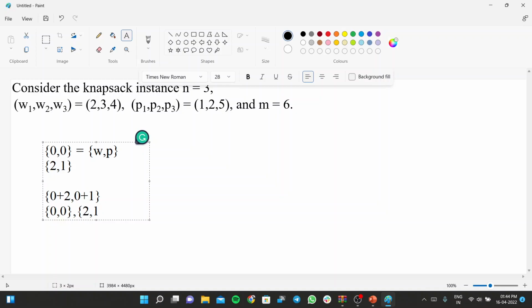That gives 2 comma 1. Why it is like this, I will tell you at the end of this problem by watching the PPT. Now we add the next one, where the weight is 3 and the profit is 2.